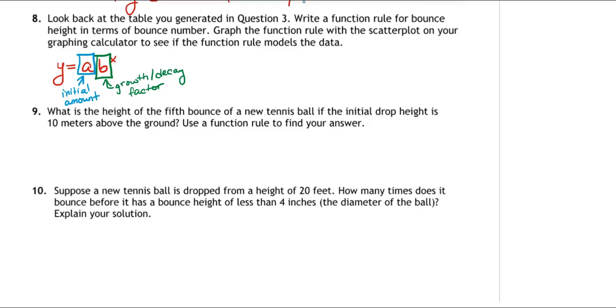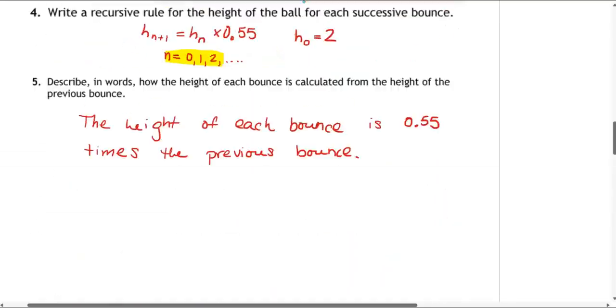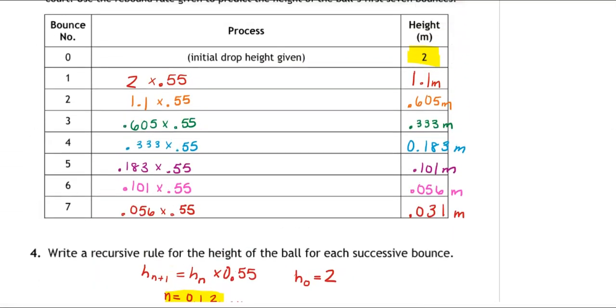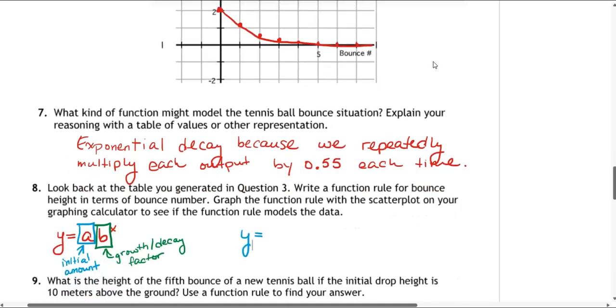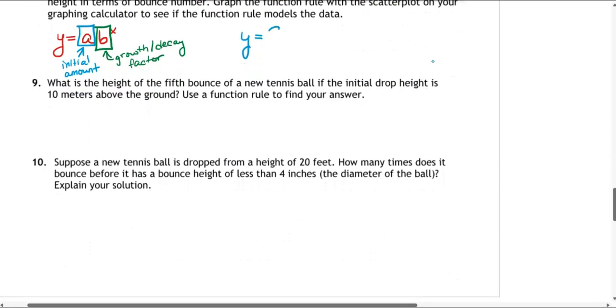So knowing that information, if I was going to write this as a function rule, I would have y equals, and my initial amount here, so how high up was my initial drop amount, and that would be 2. So that's that initial amount, y equals 2. And then the growth or decay factor, so how much is it growing or decaying by?